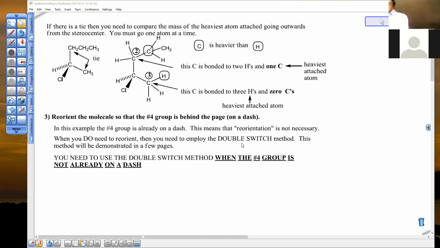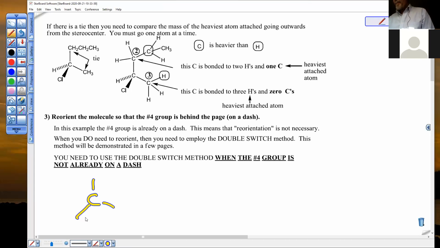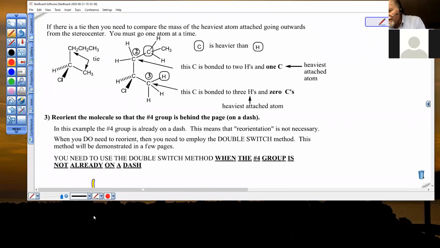So let's talk about what we have so far. We have this situation where we have a carbon, and we just need the numbers right now. And the numbers are 4 for the hydrogen. I'm setting up some stuff ahead of time.